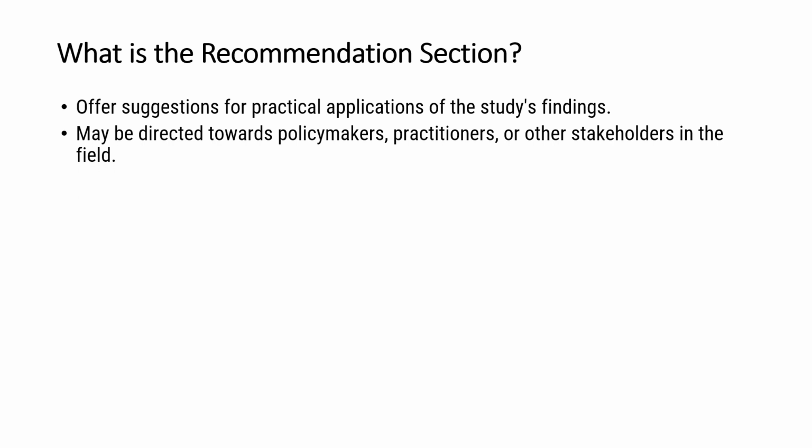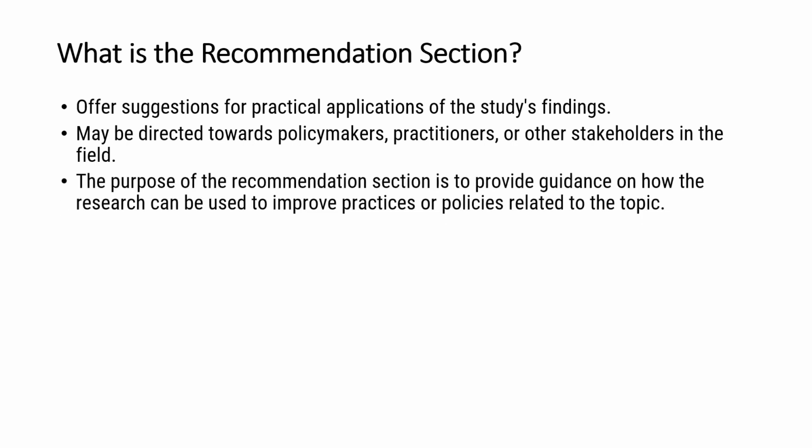These recommendations may be directed towards policymakers, practitioners, or other stakeholders in the field, especially your target beneficiaries or end users of your study. The purpose of the recommendation section is to provide guidance on how the research can be used to improve practices or policies related to the topic.